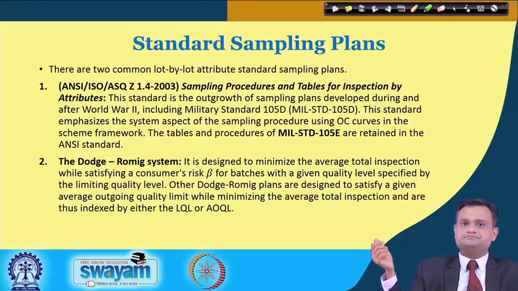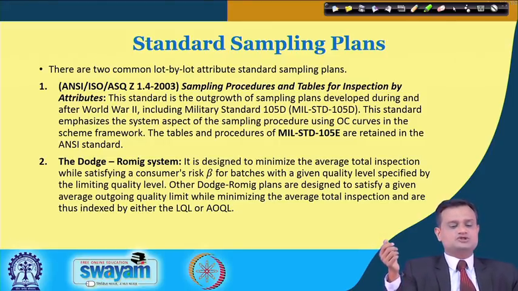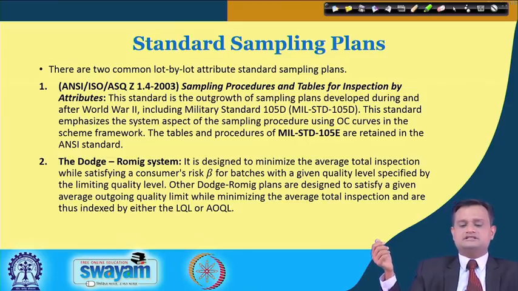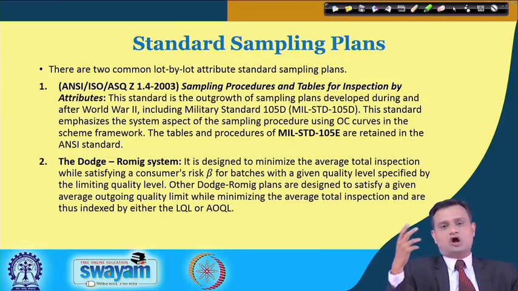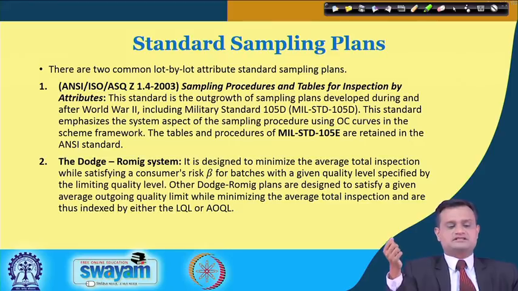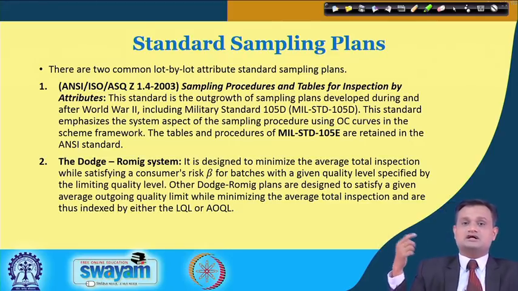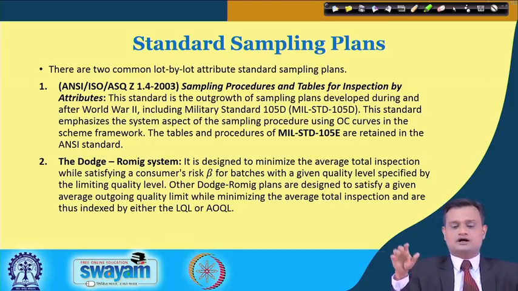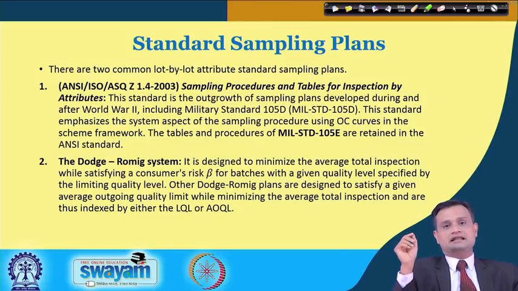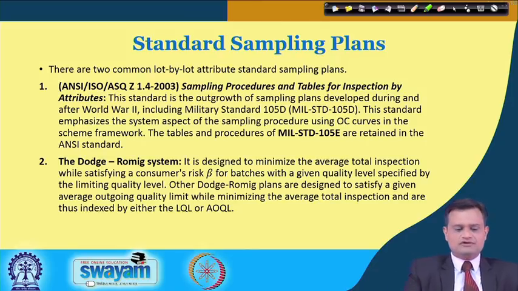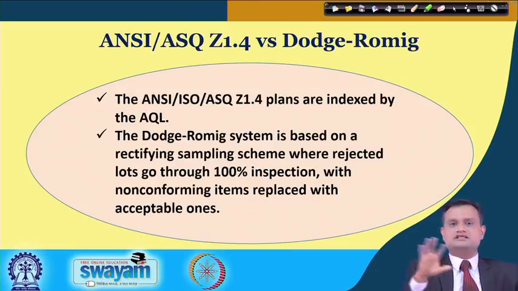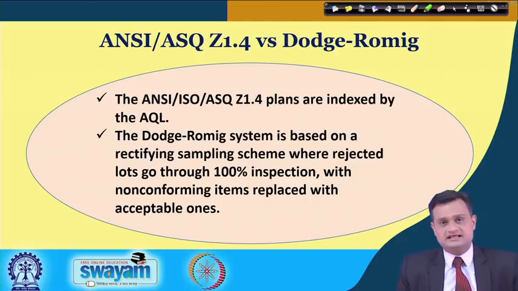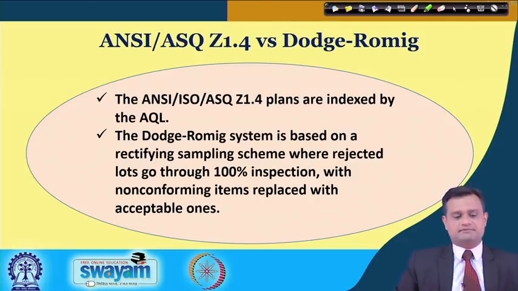The other category of standard sampling plan is the Dodge-Romig system, and typically this is designed with an objective to minimize the average inspection while satisfying the consumer's risk, that is beta. So, it offers protection to the consumer with a given quality level specified by the limiting quality level, that is LQL. We will refer broadly to these two categories of standard plan as a part of lot by lot attribute sampling.